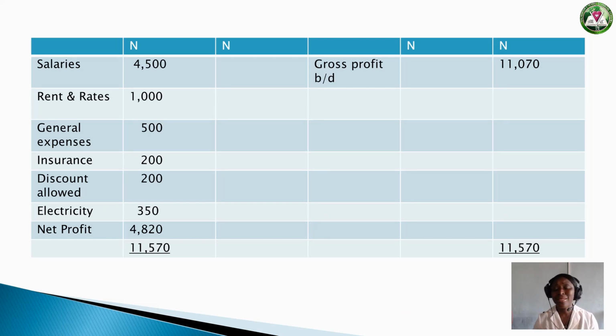The discount received is 500 naira. Total everything. Total all the expenses. The total expenses will give us what? I'm waiting. The total expenses will give us what?